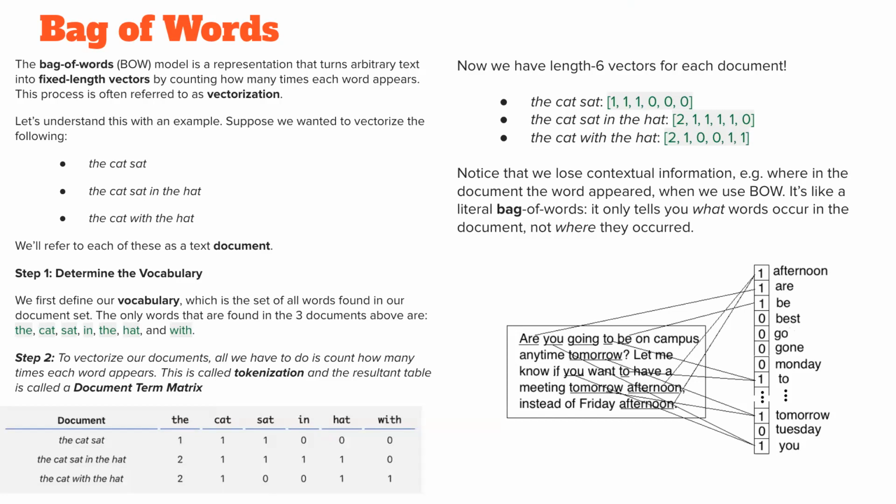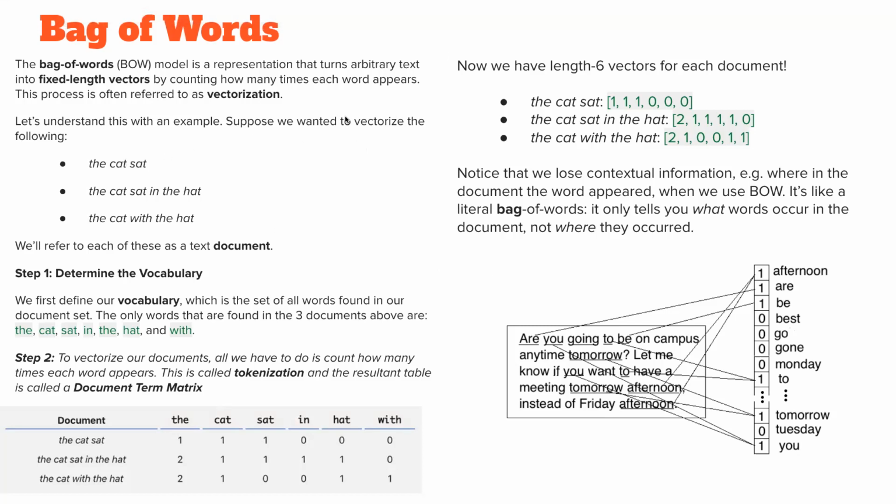It turns a text into fixed length vectors by counting how many times each word appears. This process is often referred to as vectorization. So first you have to tokenize a text, and then you have to vectorize the text.